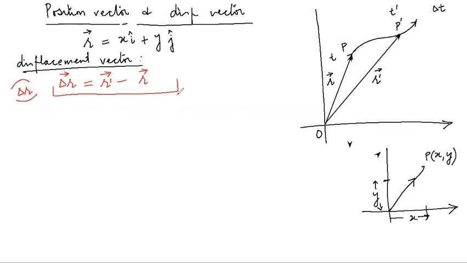To make it a little more elaborate, let's say the point goes here, here, here, here. This is the initial position, this is the final position. This vector will be the displacement vector, which connects the initial and final position.